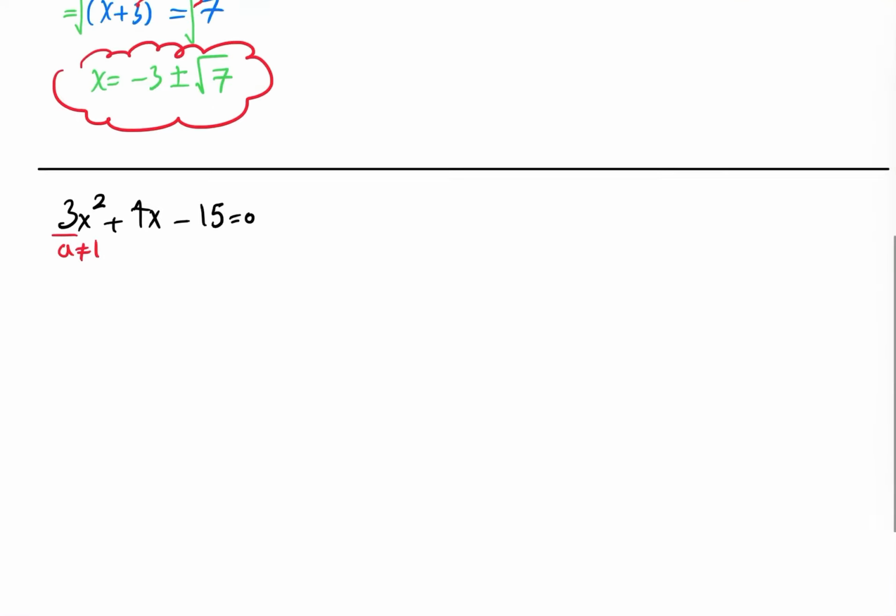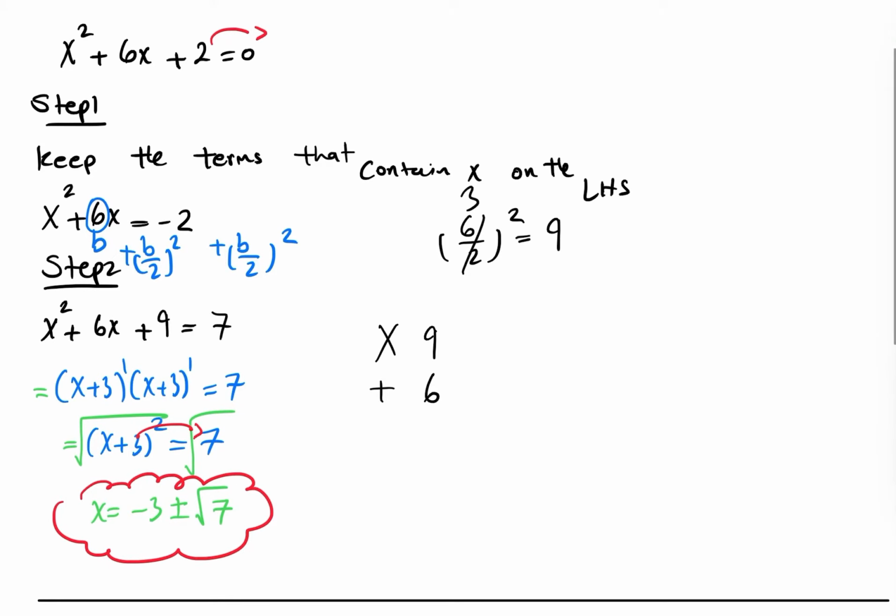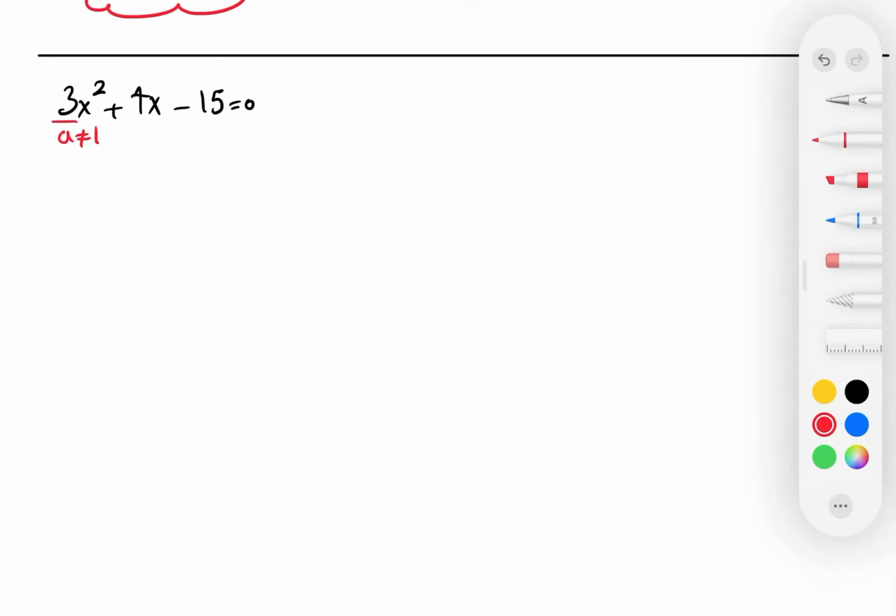But if you look at the question that we did before, x squared plus 6x plus 2, you can see that the coefficient of x squared is actually 1. In order to do this, it's all the same thing, except you have to get rid of that coefficient. You have to turn it into 1. So you just write first 3x squared plus 4x is equal to 15. Step 1, keep the terms that contain x on the left-hand side.